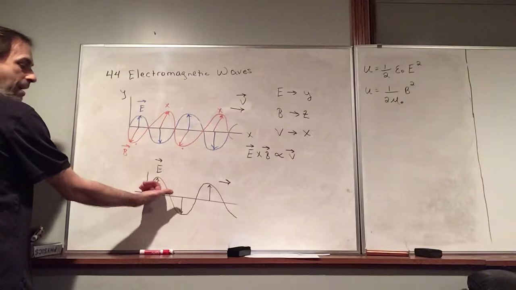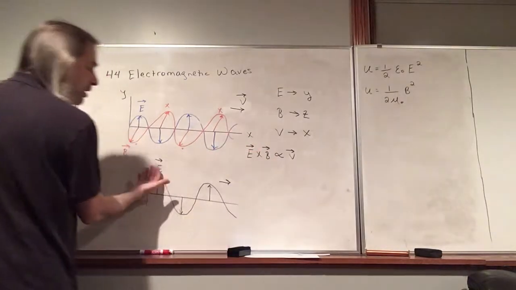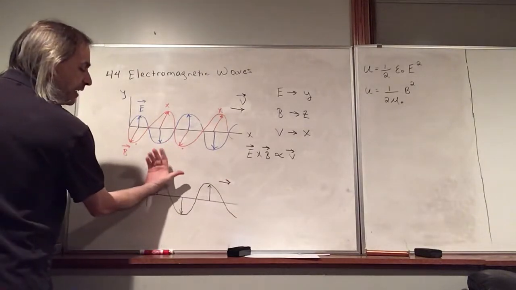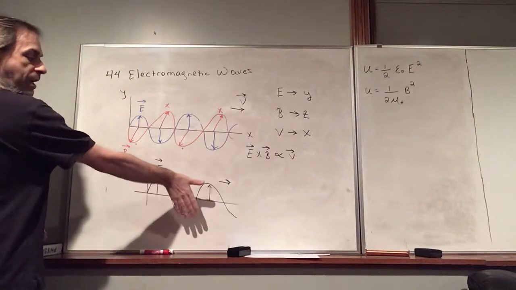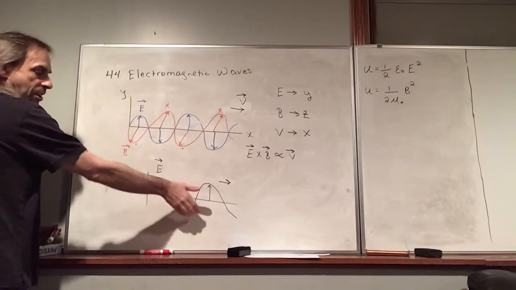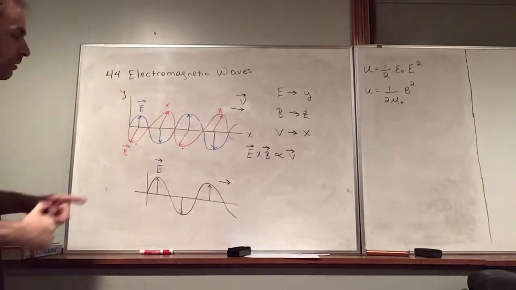Like here, it's coming out of the board. So again, this E, curl your fingers in the direction of B, thumb points in the velocity. So you have to set it up like this, and then your fingers would curl out of the board here. Over here, just remember your thumb always points in the direction of velocity. And so you can always see what direction the magnetic field is from the right-hand rule.